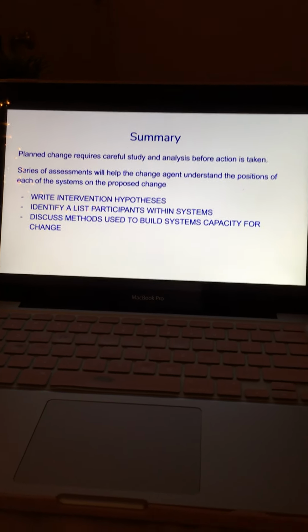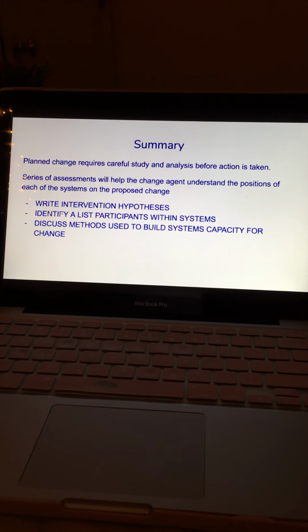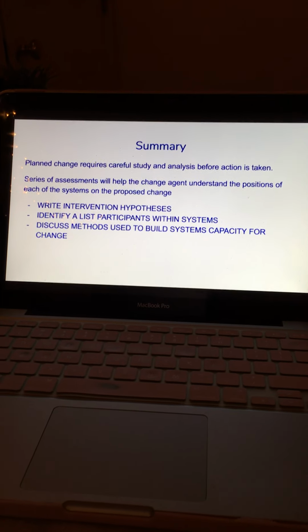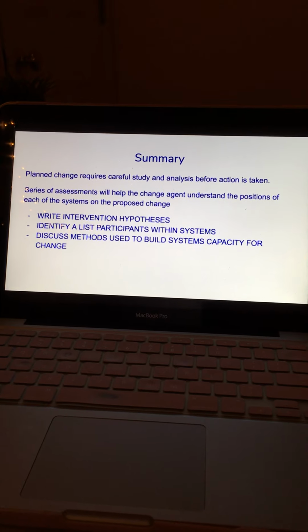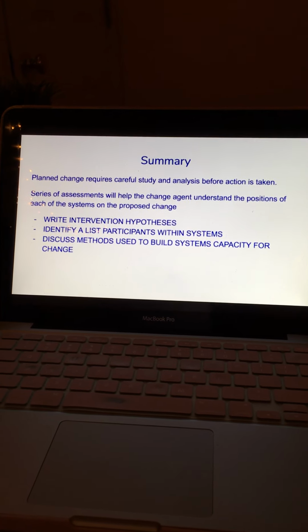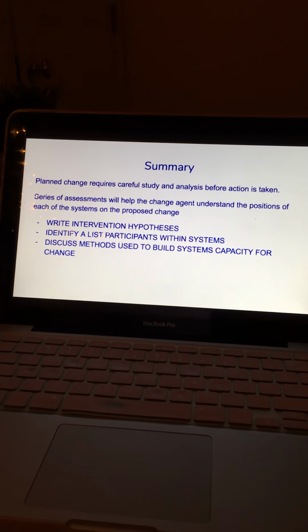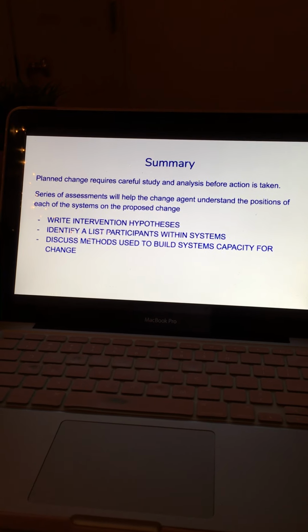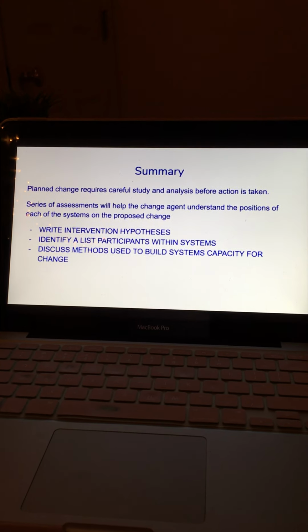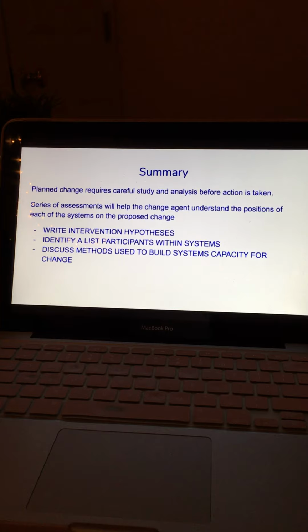So that's about the end of chapter 9. I just did a brief summary. Planned change requires careful study and analysis before action is taken. There are a series of assessments that will help the change agent understand the positions of each of the systems on the proposed change.